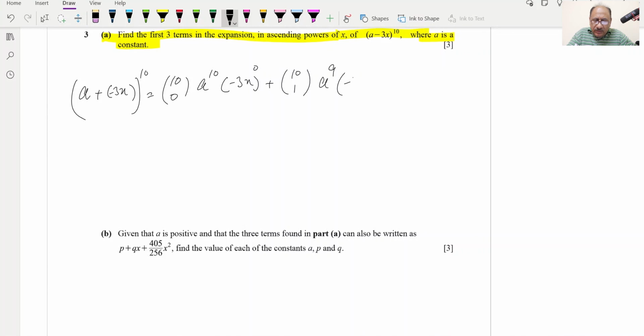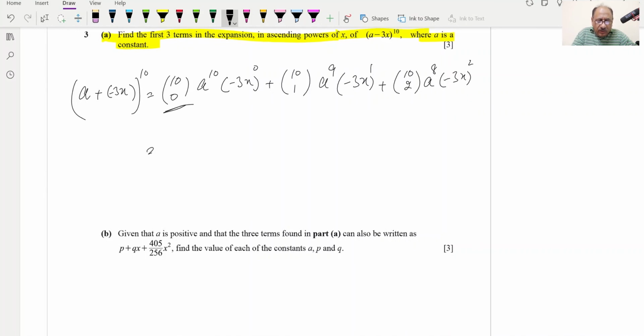So minus 3x raised to the power 1, and next will be plus 10c2, and the third term will be a raised to the power 8 and minus 3x squared. So this is what we have written, the 1st, 2nd and 3rd terms which were required.